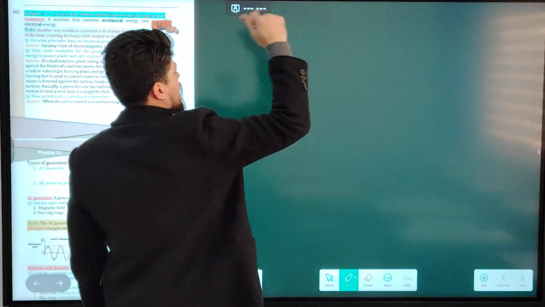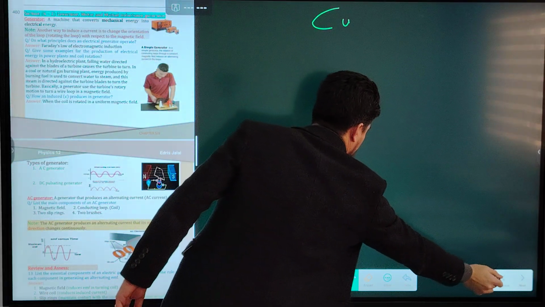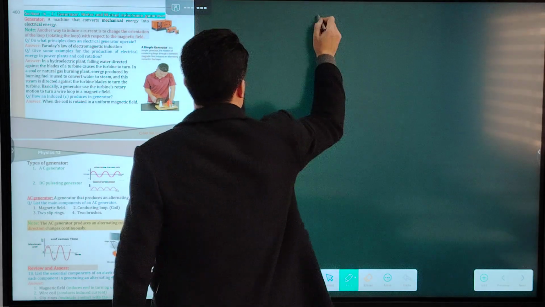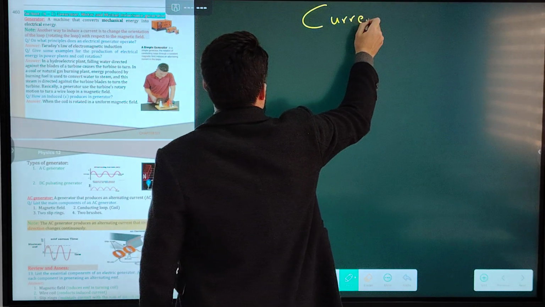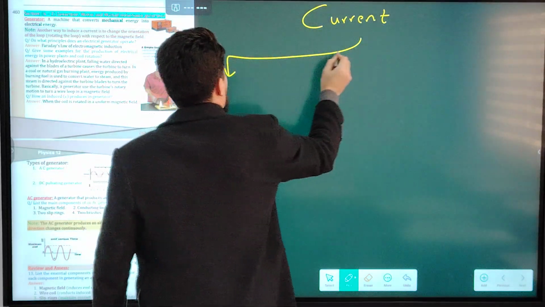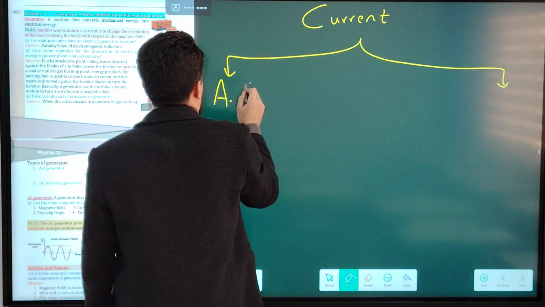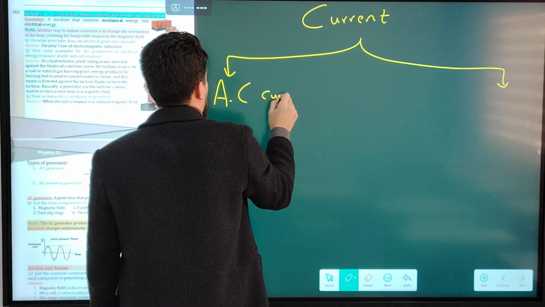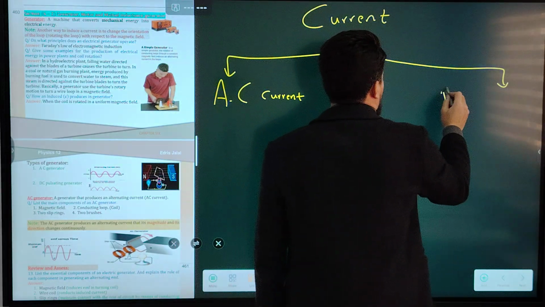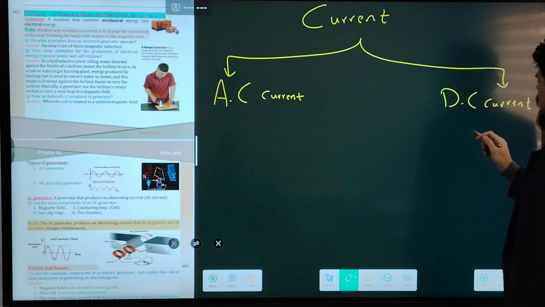Guys, we have many different types of current. AC current, alternating current, and DC current.